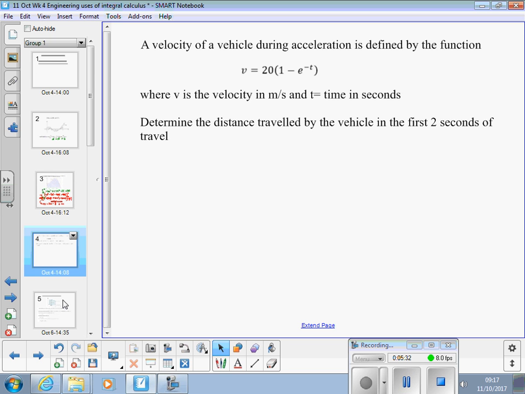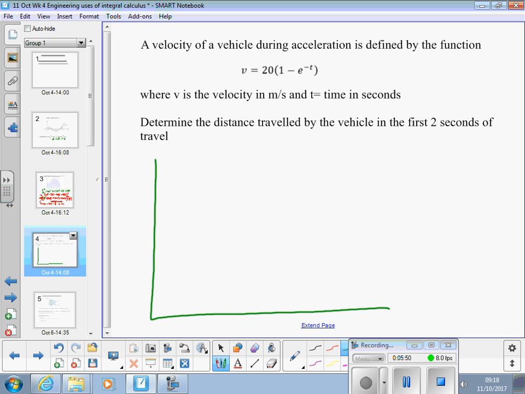Any ideas what it looks like? Come up and draw what you think, Lewis. Any idea what shape the graph of that function would look like, Seppi, from time is equal to 0 to time is equal to a few seconds? You put your idea on, Lewis.